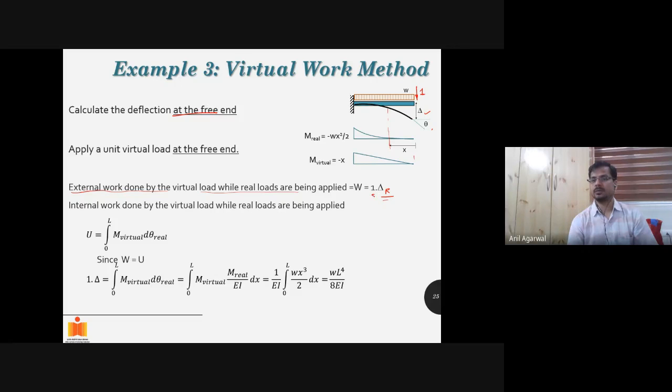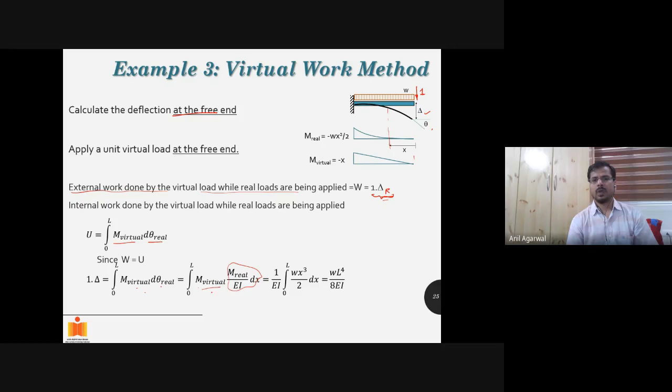That is pretty straightforward. The internal energy will require me to integrate m virtual multiplied by d theta real, or in other words, m virtual multiplied by curvature real multiplied by dx. As I showed you just a minute back, it is m virtual multiplied by d theta real, which is equal to m virtual multiplied by M by EI dx.